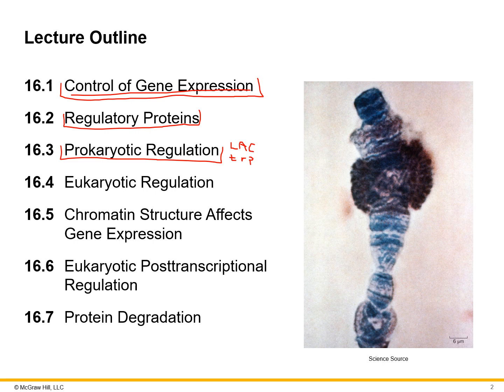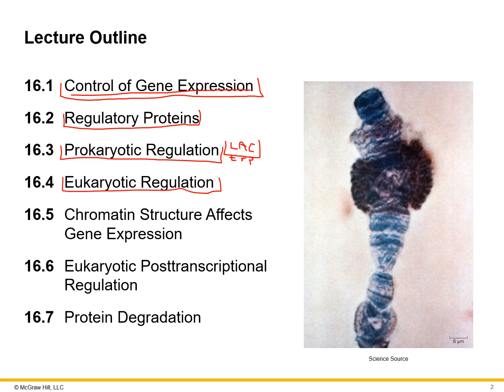And this way, if one of them is being transcribed and translated, then the rest of the genes that are nearby will also be transcribed and translated, which makes a lot of sense because if you're dealing with an enzymatic pathway, in the case of lactose, for example, which is going to take you from lactose through a series of intermediates to glucose eventually, then you definitely want to have all of the enzymes necessary in the cell. And so clustering them together enables you to do that.